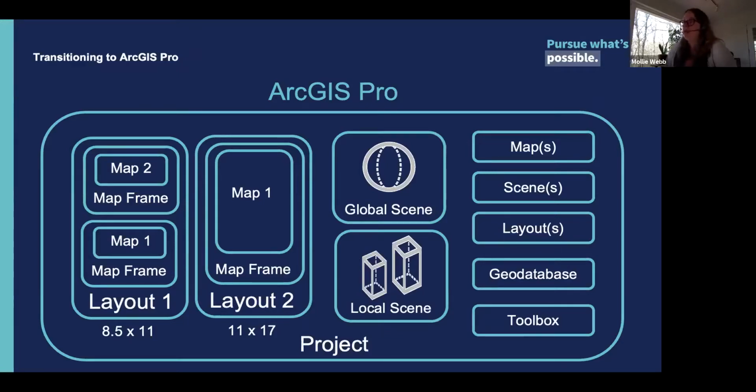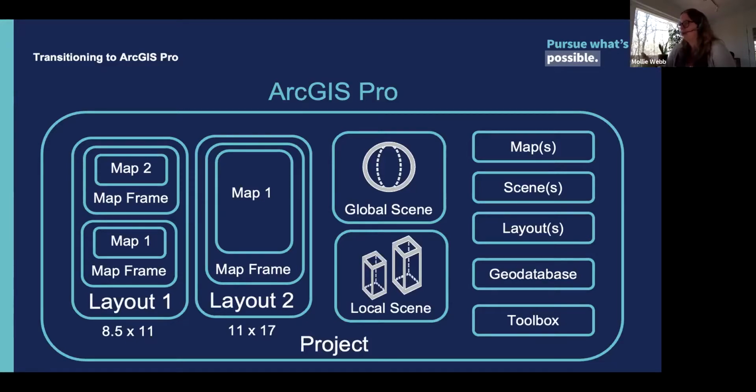One thing that's very new to all of us in the GIS world in ArcGIS Pro is the fact that you can put both 2D and 3D data. You can store that all in the same ArcGIS Pro project. So you can have 2D maps in your layouts, and then in the middle section here, you can have 3D scenes.